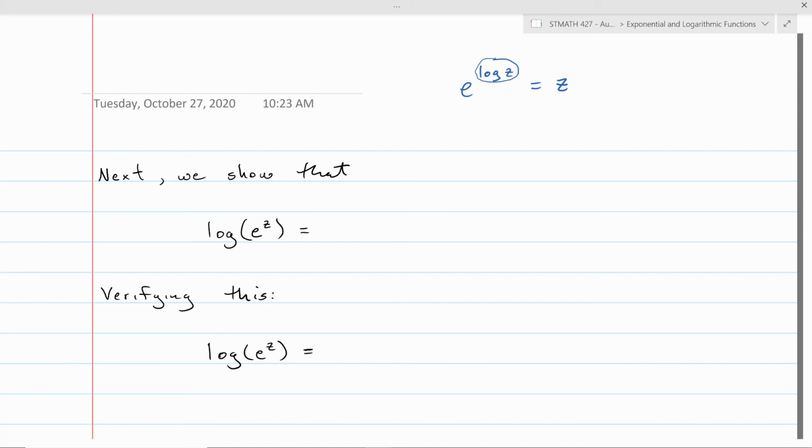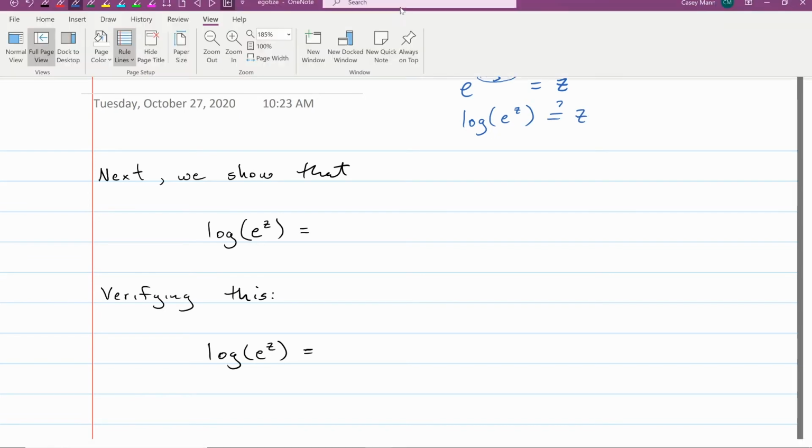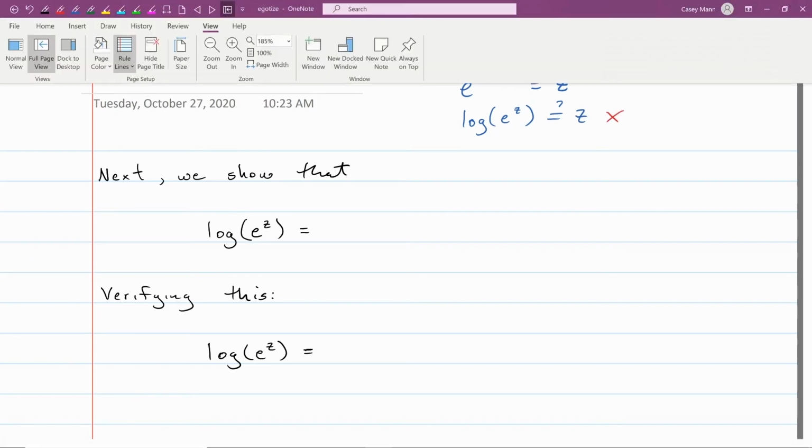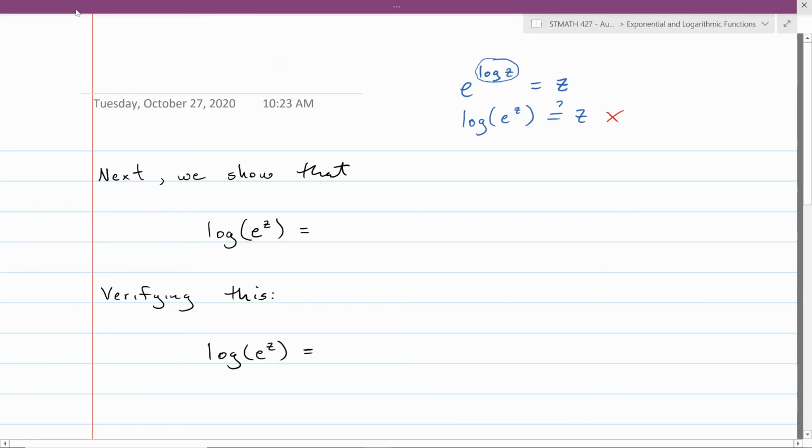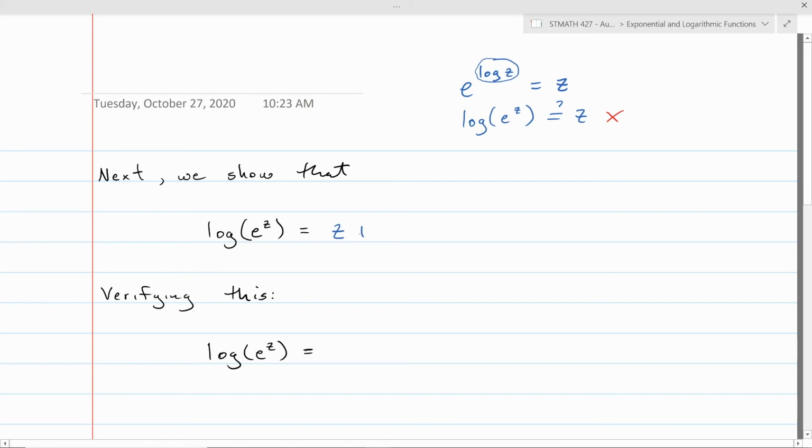But when we do it the other way, log of e to the z, we want the log and the exponential to be inverses of one another, so we're kind of hoping that this will be equal to z. But it turns out, no, it doesn't quite work out that nicely. The way that it does work out is as follows. Log of e to the z ends up being z, but plus something extra. That extra bit being 2 pi n times i.